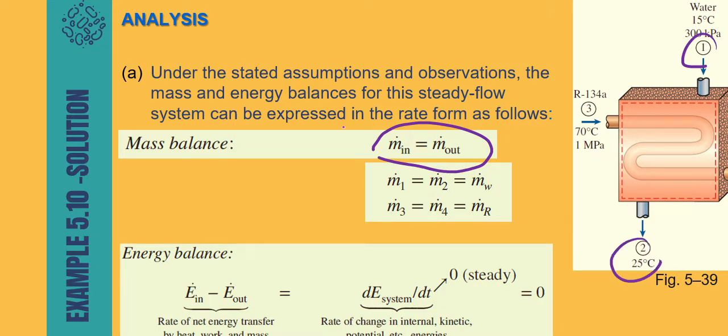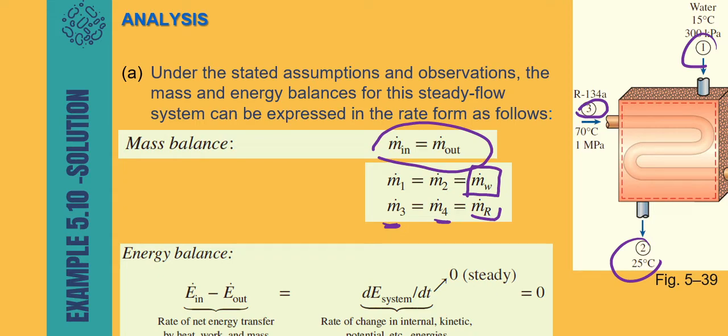Because this is a steady flow operation, in equals out. So m1 equals m2 equals the mass flow rate of water. Similarly, you write the mass balance for refrigerant. For refrigerant, in is m3 and out is m4. So in equals out, which equals the mass flow rate of refrigerant.